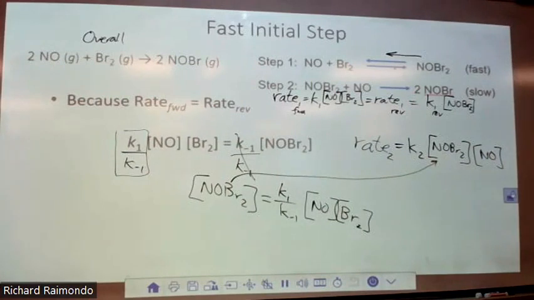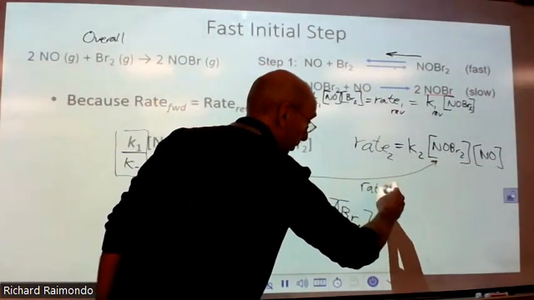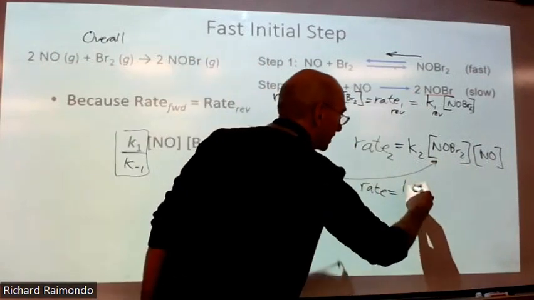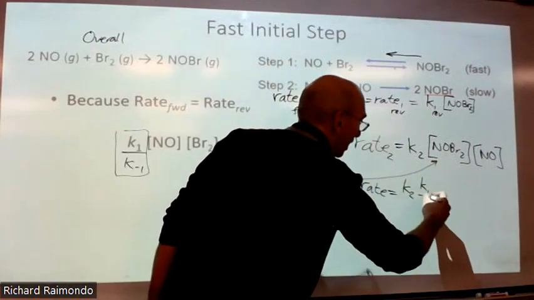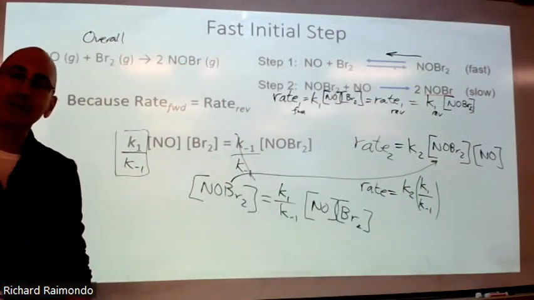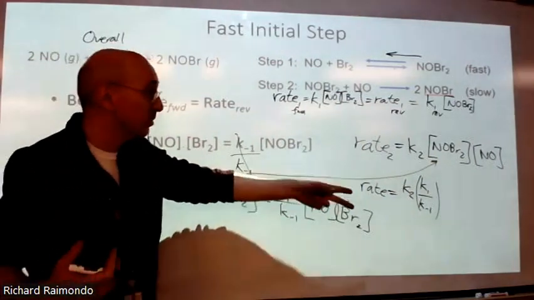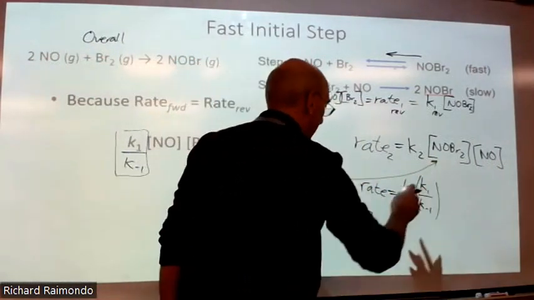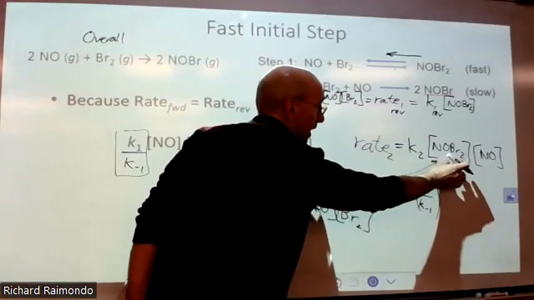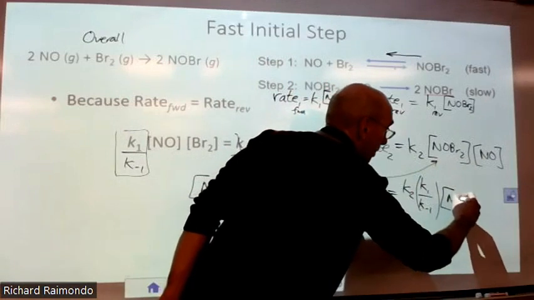So what are we going to get when this is all subbed in? Rate 2, which is the rate of the whole reaction, is k2 times k1 over k-1. So here's a question: what's a constant times another constant divided by a constant? It's a constant, right? And that's all it's going to be, except instead of the concentration of NOBr2, we're going to sub this in.